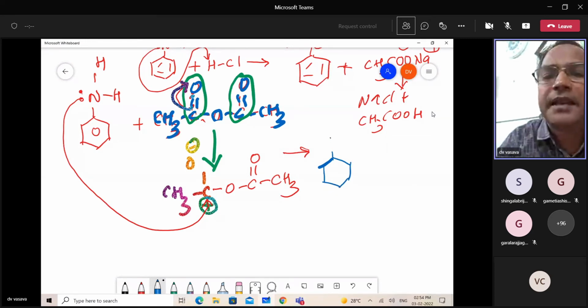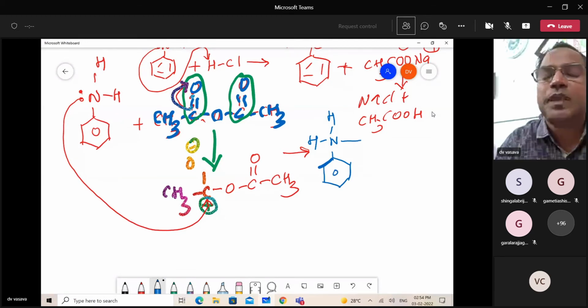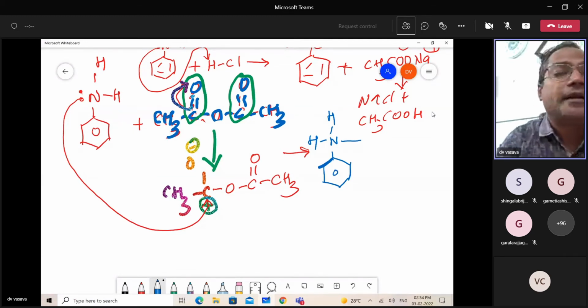This N, with H on this side, and a new bond is formed between the nitrogen and this carbon atom.